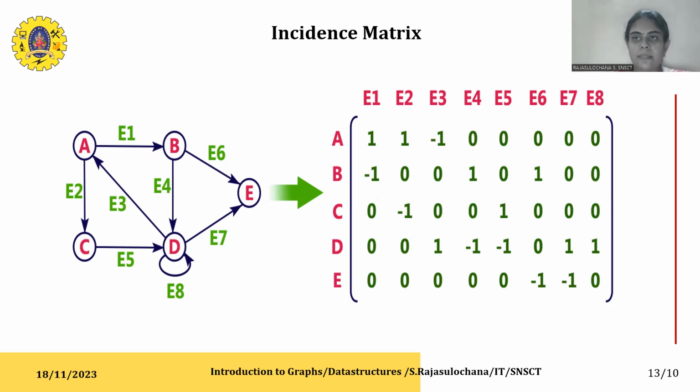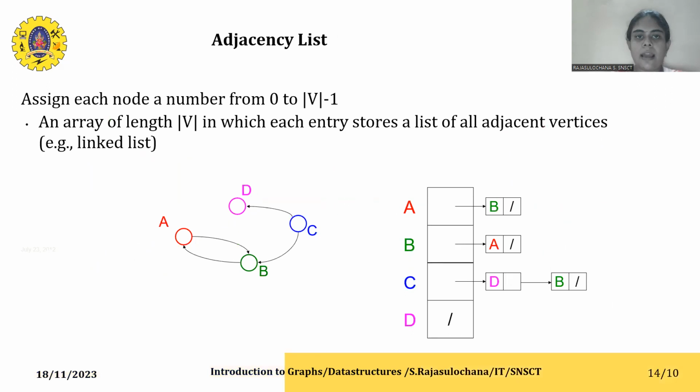So we have seen adjacency matrix and incidence matrix, and the last one is adjacency list. This is very easy. In case of adjacency list, there will initially be 4 entries, one for each of the 4 vertices. Now see, from A there is an edge to B alone.